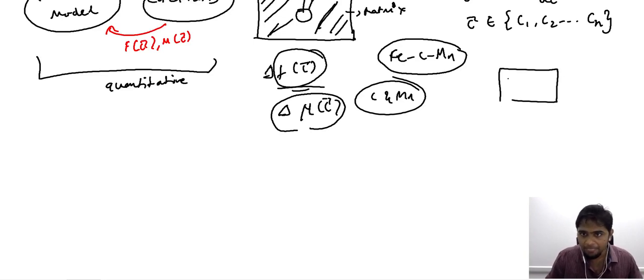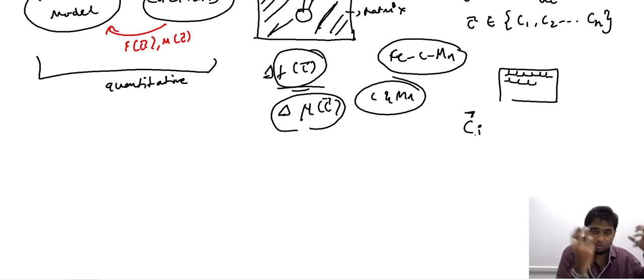When you have a domain, you can discretize this domain, like split it into individual cells, and individual cells are associated with a specific concentration, say Ci. The reason I introduced this vector notation is because it can be the concentration of carbon, or it can be the concentration of manganese.